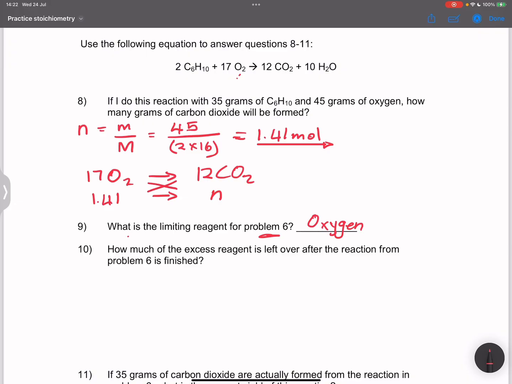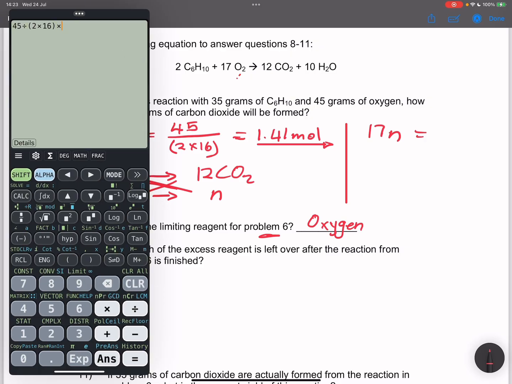We said 17n, 17 multiplied by n, equals 1.41 times 12. We got 16.88, and that's divided by 17.